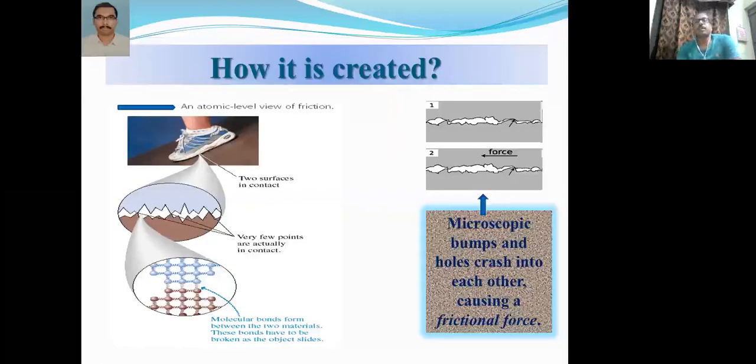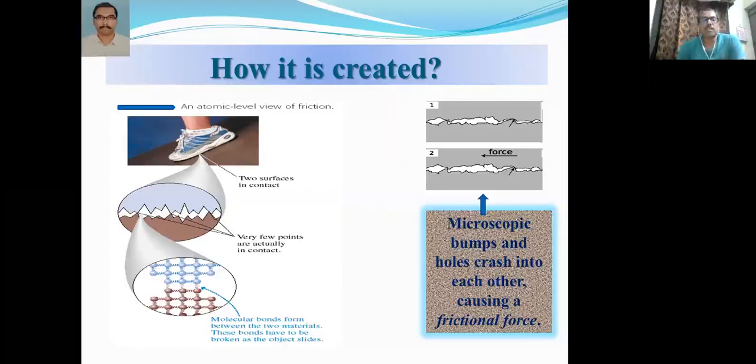Now, how is it created? If we go to the microscopic view of two surfaces going over each other, suppose the shoe sole and the ground, we can see that very few points are actually in contact.